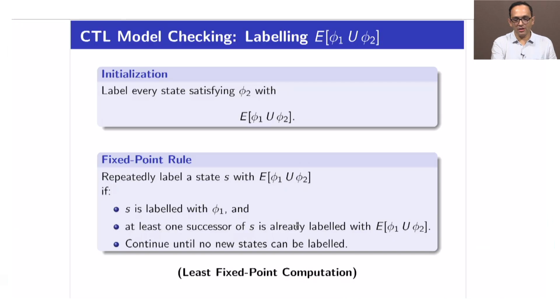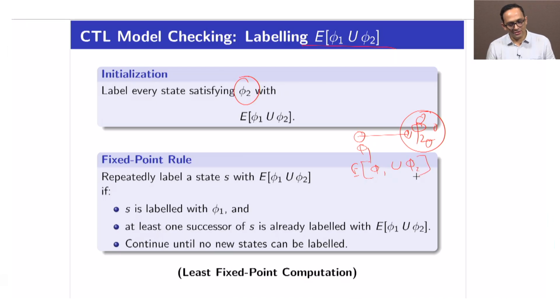Similarly for EU, what we have done is we start with the nodes where phi 2 holds. I identify the nodes where phi 2 holds, maybe some 3-4 nodes, let us say. Then I identify the nodes where phi 1 holds and there is at least one edge to some node in this set, right? Then I will also say E phi 1 until phi 2 holds there, right?